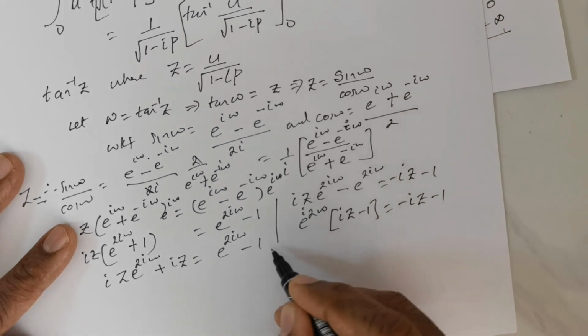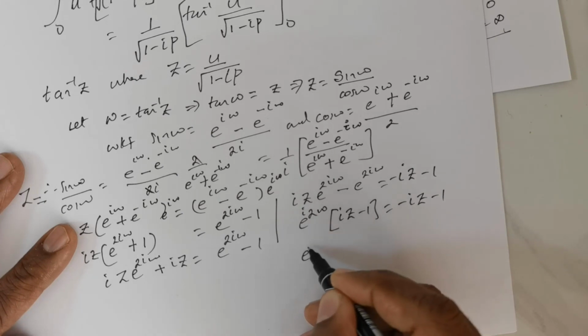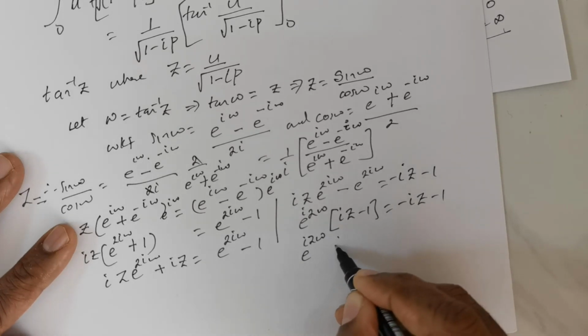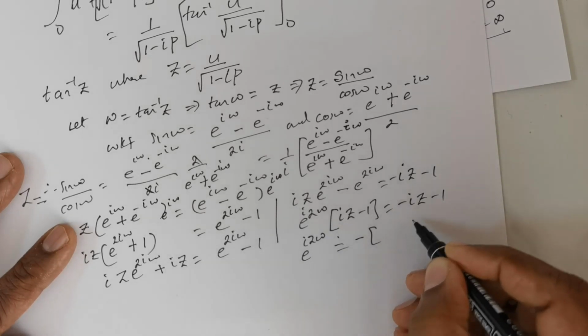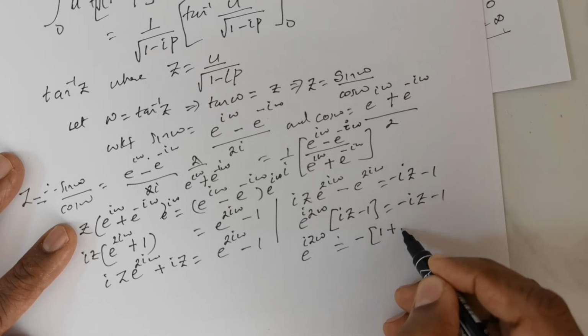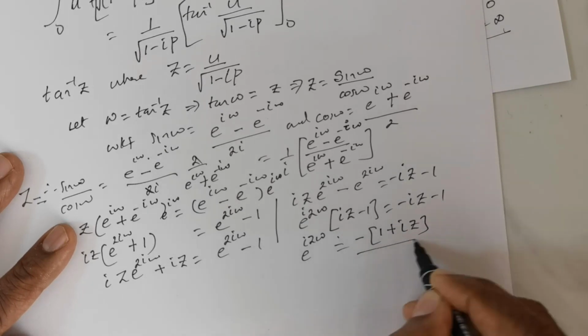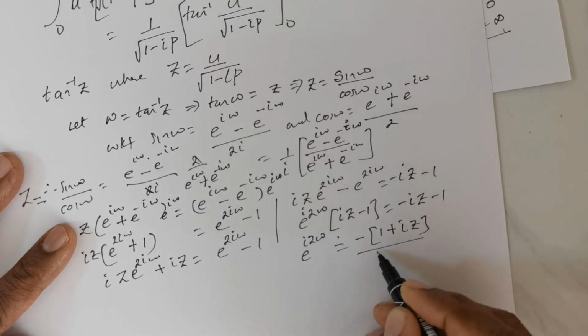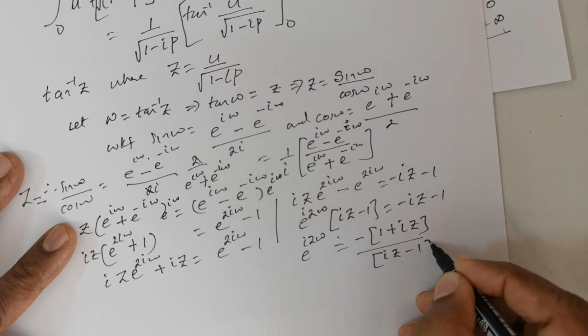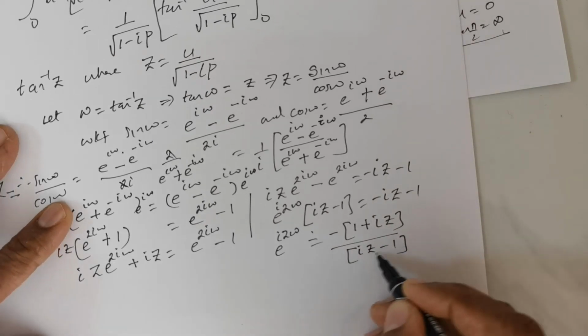Now as I mentioned to you, I want to extract e raised to the power of i times 2 omega. So if I were to push this down, can I rewrite this as 1 plus i times z, I'm taking the negative sign out. Now this is coming down. This is going to be i times z minus 1, but I'm not happy with the way this is represented.